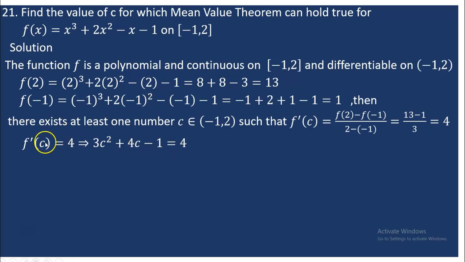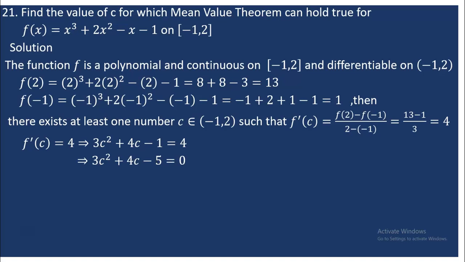So the derivative of f at c is 3c squared plus 4c minus 1. This needs to be equal to 4. So now the next task is to find the value of c that can satisfy this within the interval -1 to 2. So let's bring this 4 to the left. It turns to be like this: 3c squared plus 4c minus 5 equals 0.